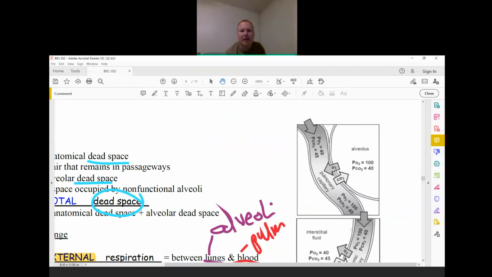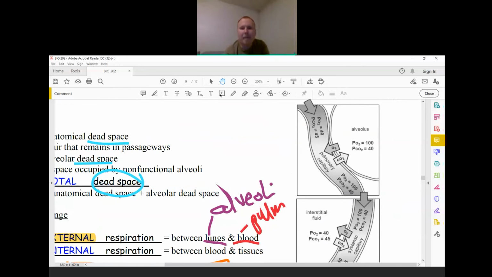And we're going to look here at the partial pressures separately for oxygen and then for carbon dioxide. So in your pulmonary circulation, the blood coming from the systemic circulation to the lungs is going to have 40 millimeters of mercury for the partial pressure of oxygen.